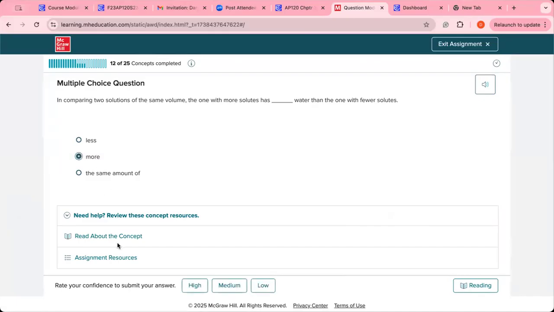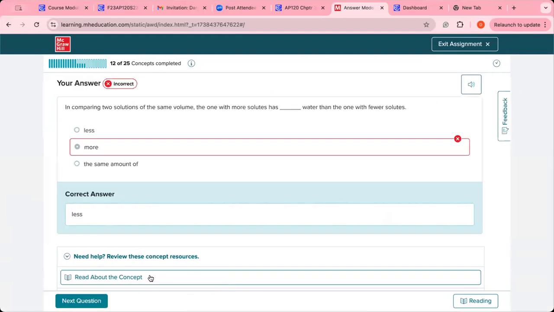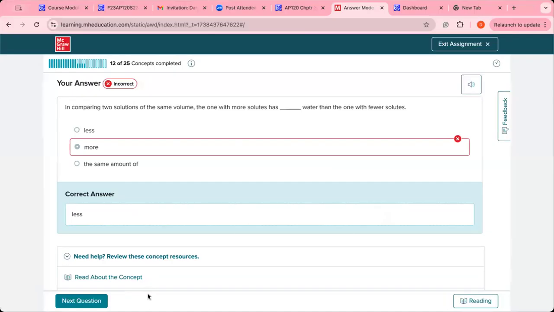I'm not sure about this. No, it has less because there's more stuff in it. So the one that has more stuff suspended in it, the water is diffusing, so it would have less water in it than the one with fewer solutes. Okay, go to the next question.